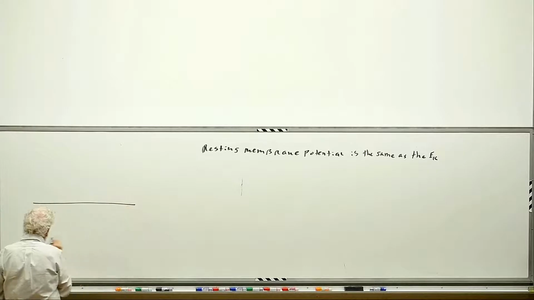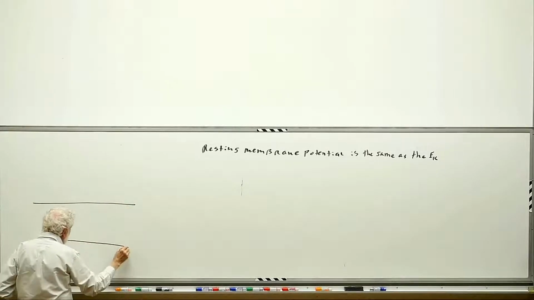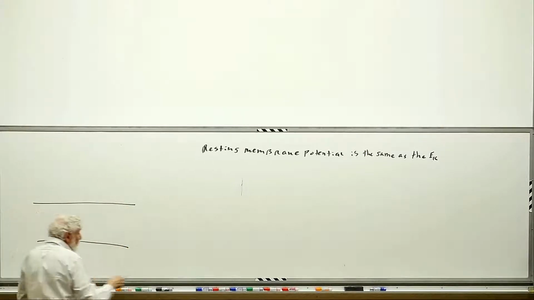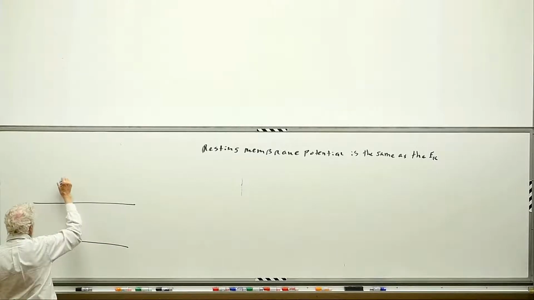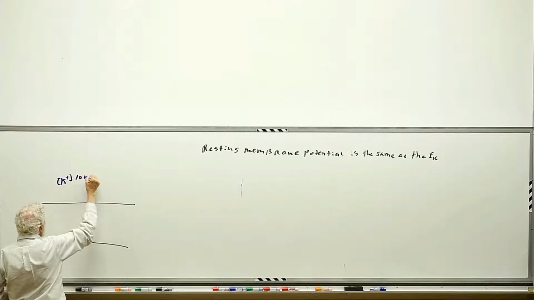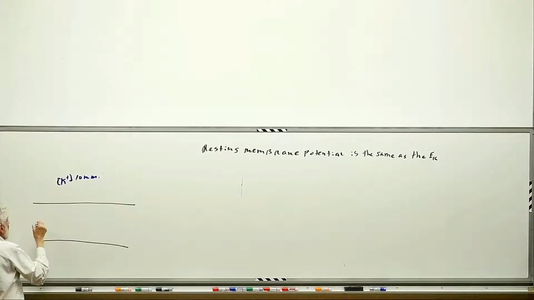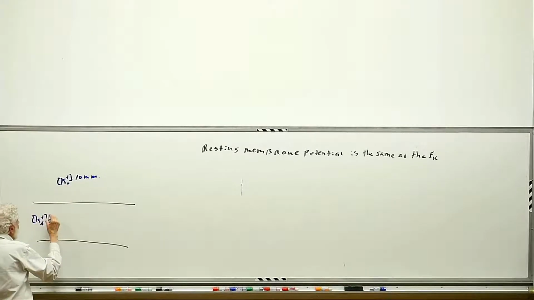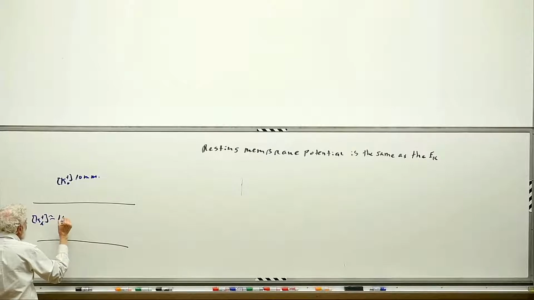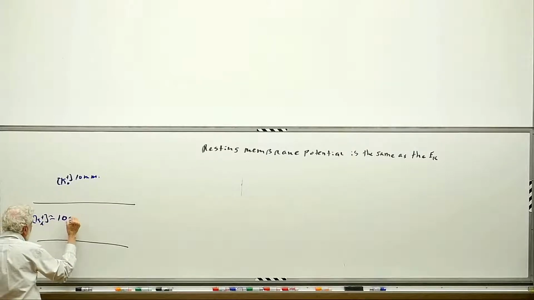We have these two membranes. We can imagine this is a cylinder. We said that the concentration of potassium on the outside in our thought experiment, and we'll do it again as a thought experiment, is 10 millimolar. We said the potassium concentration on the inside, should put a little o out here, is in the neighborhood of 100, and we'll say 100 millimolar in our thought experiment.